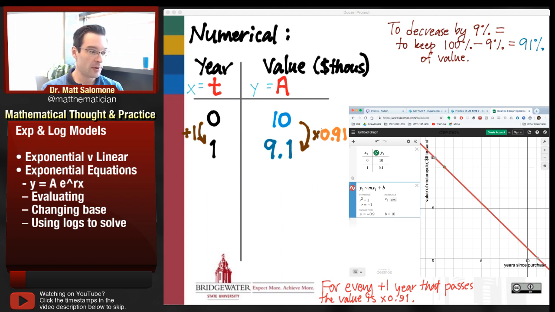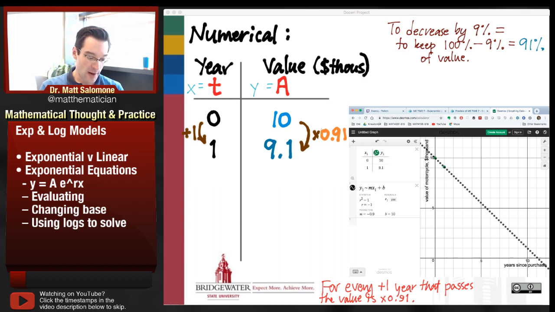And so now Desmos fits a nice straight line to my data. Let me just make it a dotted line here so we're not going to confuse ourselves too much. And so there would be a linear model. Desmos is also giving us the slope and the intercept of this equation. So let's write those down just for the record.